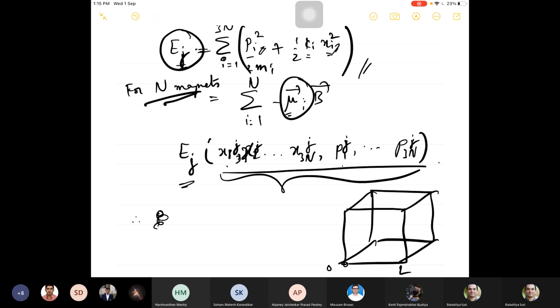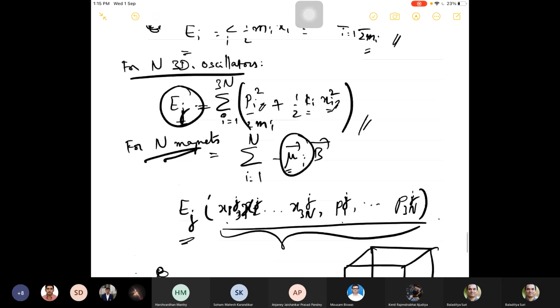Now the probability density, we defined a probability earlier.